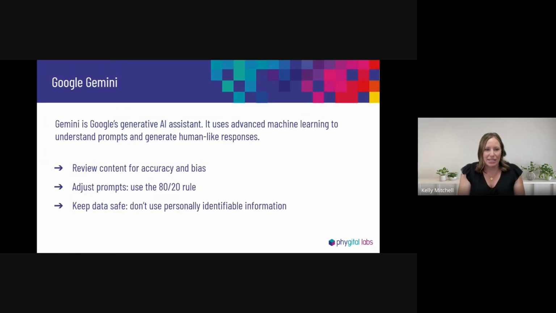And Google Gemini is your AI assistant in Google. And so just like all these other AI tools that you are used to, it's really important when you're using it to review the content for accuracy and bias, just like we're doing with all the other AI tools that are out there.